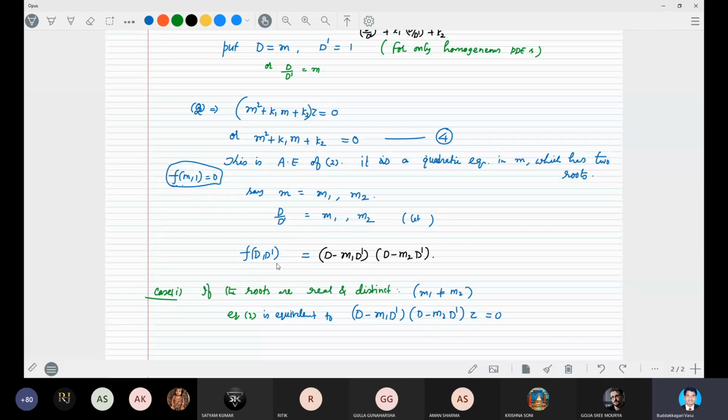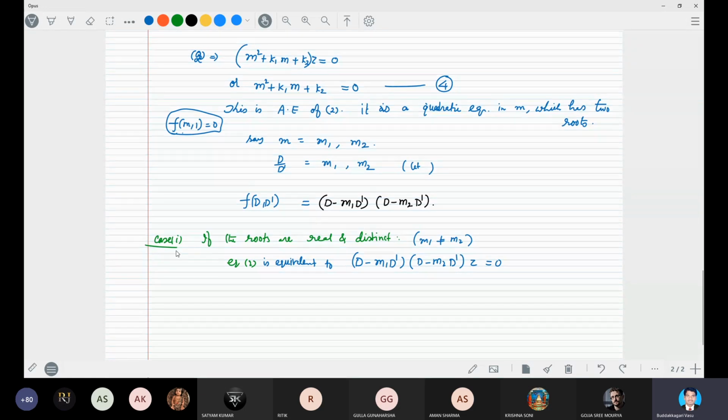Therefore f(D, D dash) can be factorized with the roots of the auxiliary equation, with factors D minus m1 D dash and D minus m2 D dash.